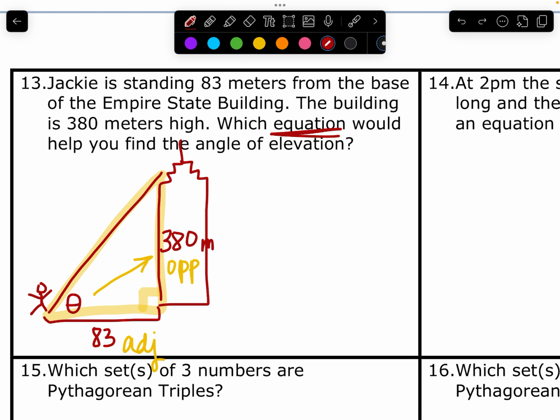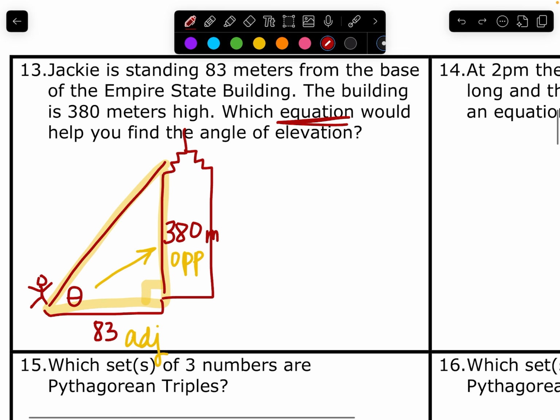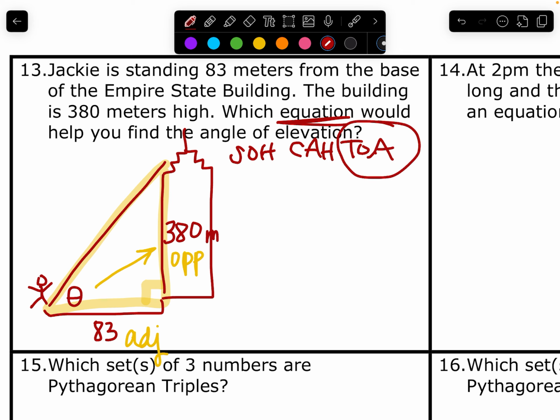If we use SOHCAHTOA, we can figure out which ratio would work best for this problem. We have opposite and adjacent, so that would be tangent. The T in TOA stands for tangent theta, the O stands for opposite, and the A stands for adjacent, which are the two sides that we had in the problem.